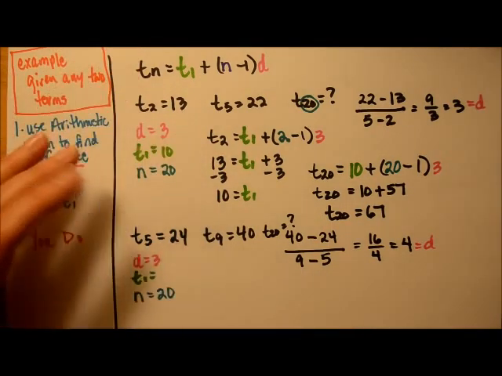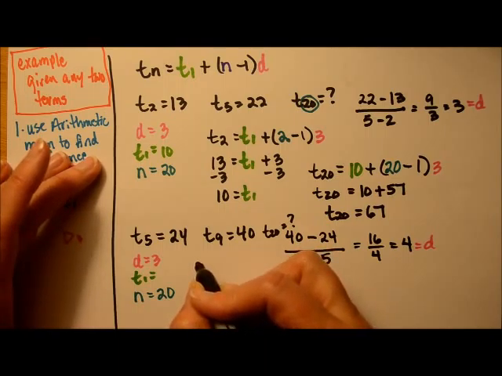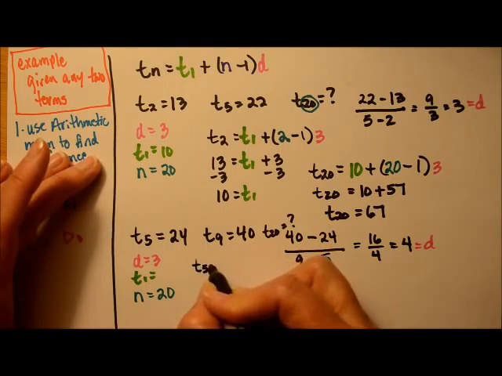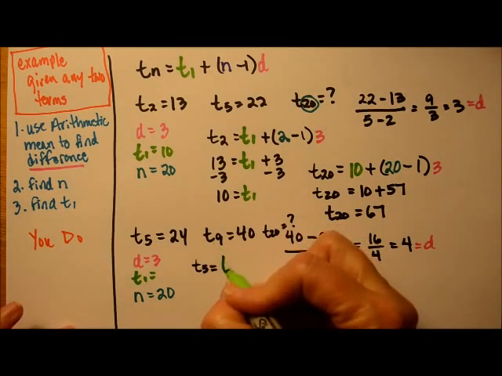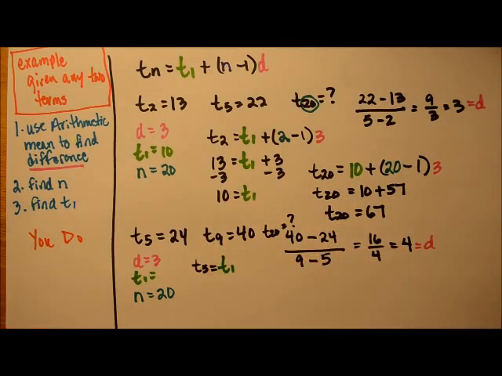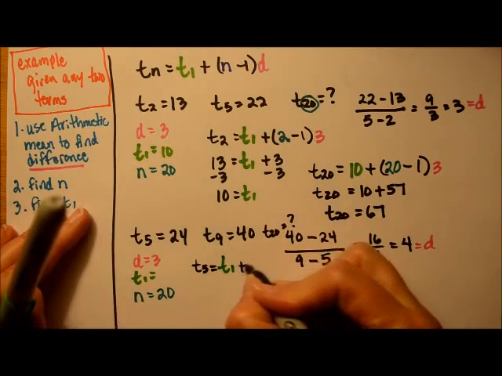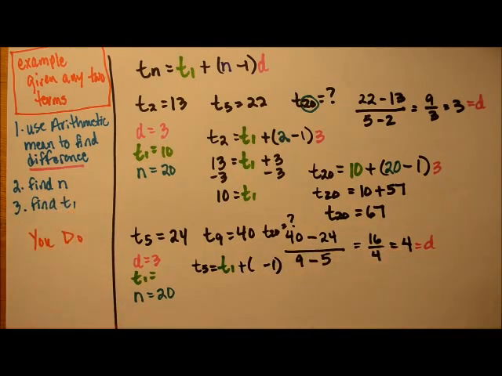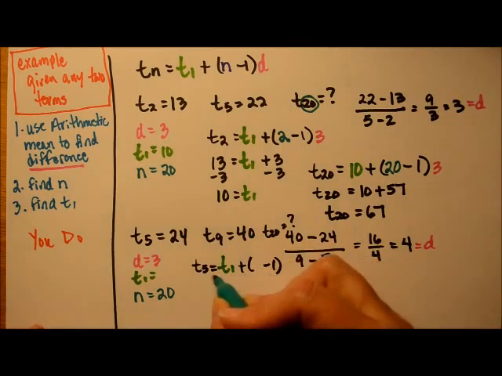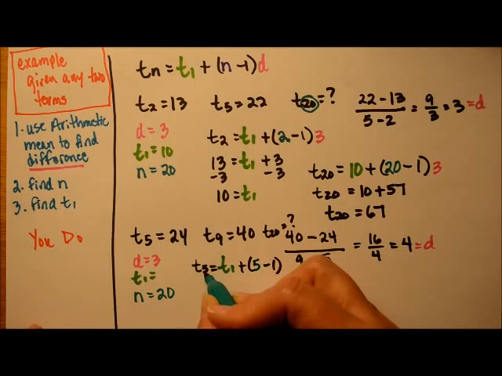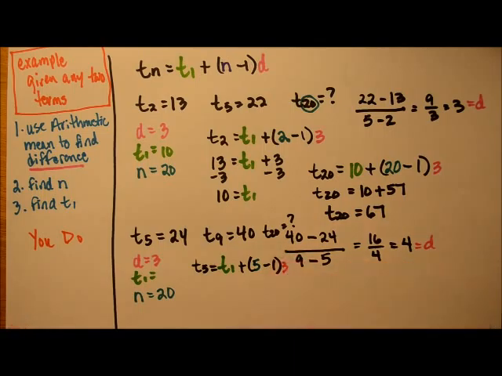But I'm going to use this method here just to show you that T5 equals T1 plus, sorry, this is all running and I'm running out of room. This time I'm going to put a 5 in here because that's what I'm dealing with. And I know that the difference is 3.